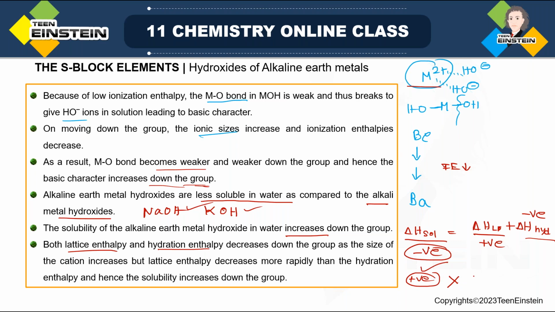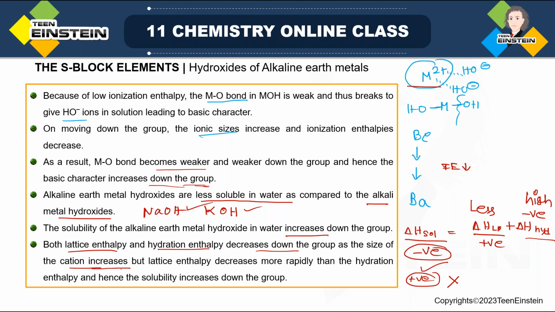So what will we expect? We will expect less lattice enthalpy and high hydration enthalpy. Then only the enthalpy of solution will be negative, right? The statement is saying that both lattice enthalpy and hydration enthalpy decrease down the group. Individually, if you consider lattice enthalpy and hydration enthalpy, both are decreasing down the group as the size of the cation increases.